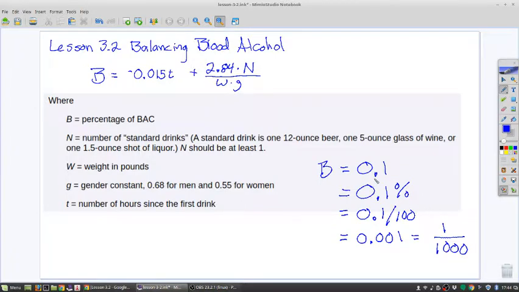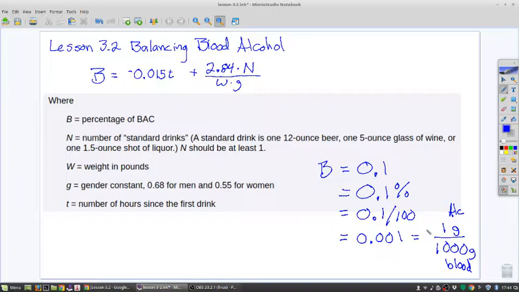So if someone has a BAC, a blood alcohol content of 0.1, that's really 0.1%, which is 1 out of 1,000 of what? Well, turns out this right here is grams of alcohol, and this down here is grams of blood in their system. So for every 1,000 grams of blood in their system, there's 1 gram of alcohol at that point in time.